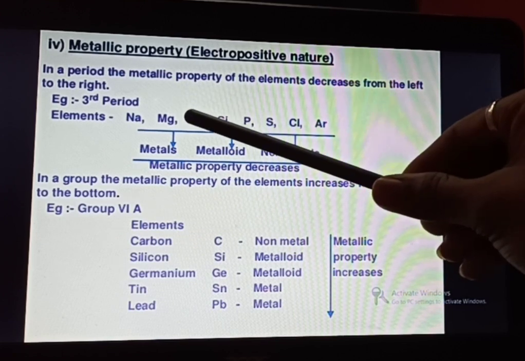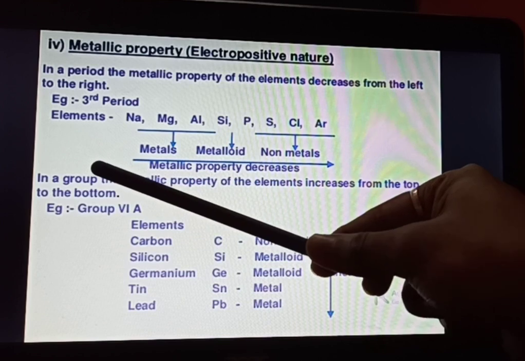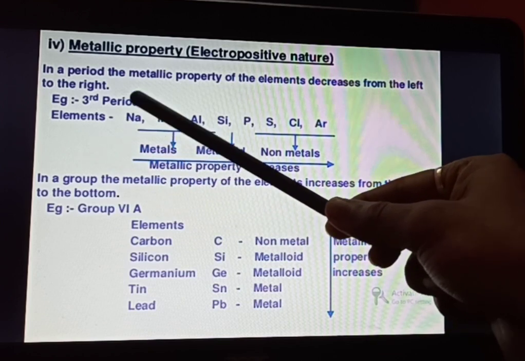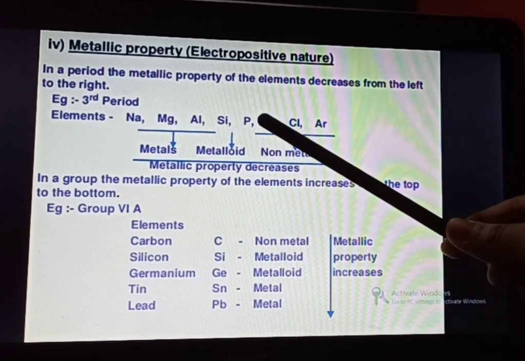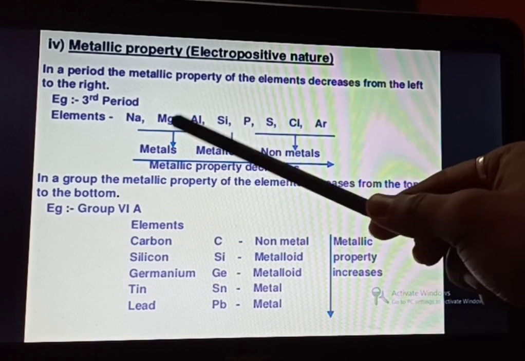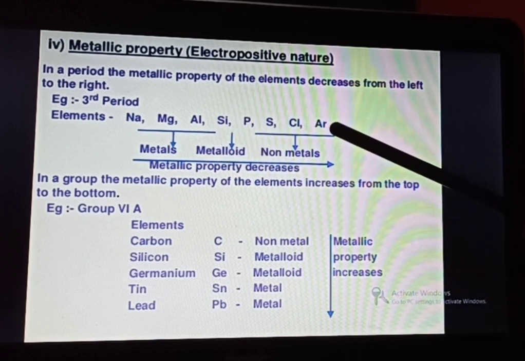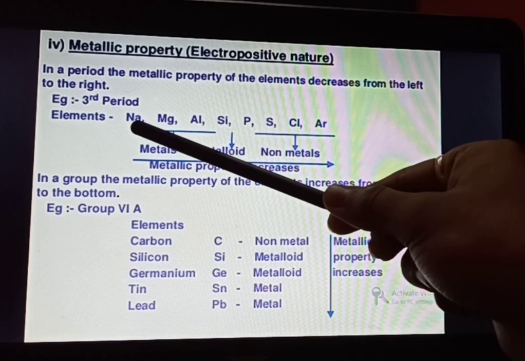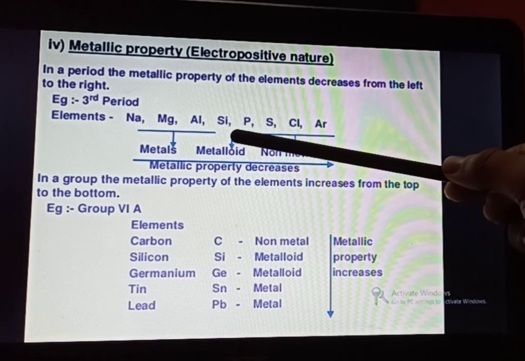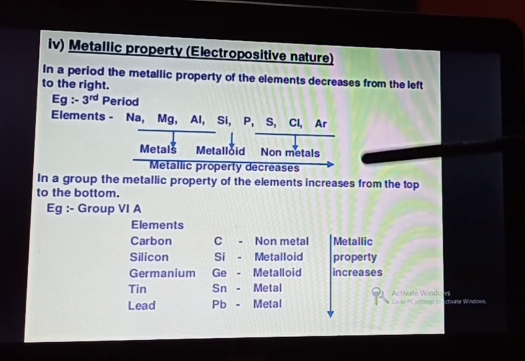So I have considered the third period, and as you can see, sodium, magnesium, aluminum, silicon, phosphorus, sulfur, chlorine, argon, these are the third period elements, and first the metallic character decreases, and then metalloids, and then non-metallic character increases.